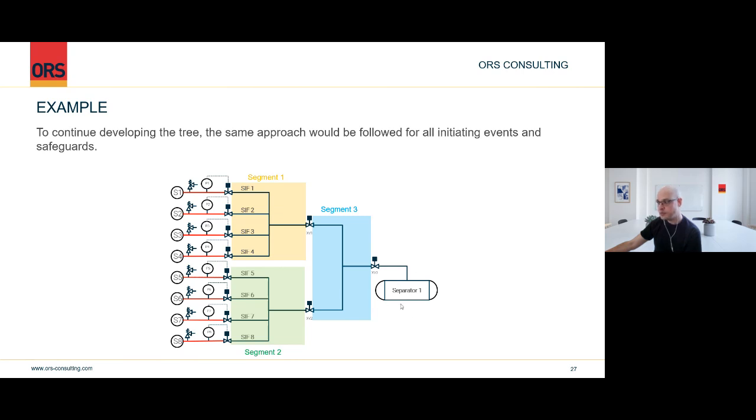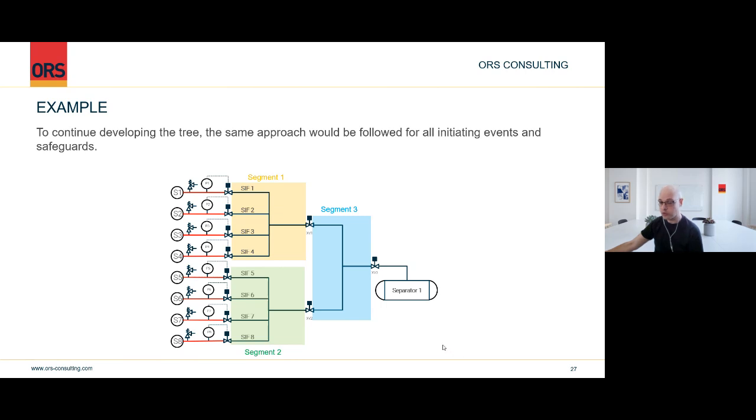When we do a fault tree, if I close this, it wouldn't be overpressure in the separator. It would be if I close its pressure control loop or the gas outlet from the separator, that would be high pressure in the separator, but that would be protected by other protection layers in the separator.